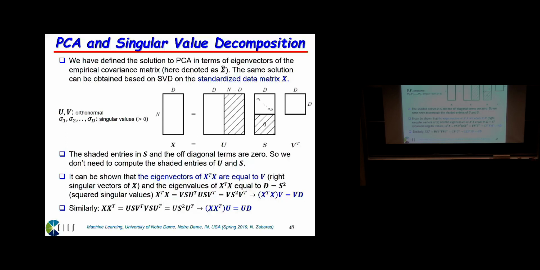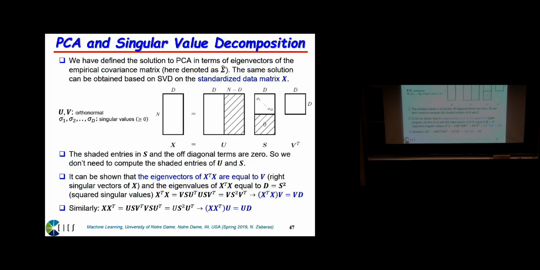I can do this for my data design matrix of N by D, and decompose it using two orthogonal matrices and this S matrix that has only these diagonal elements and lots of zeros.